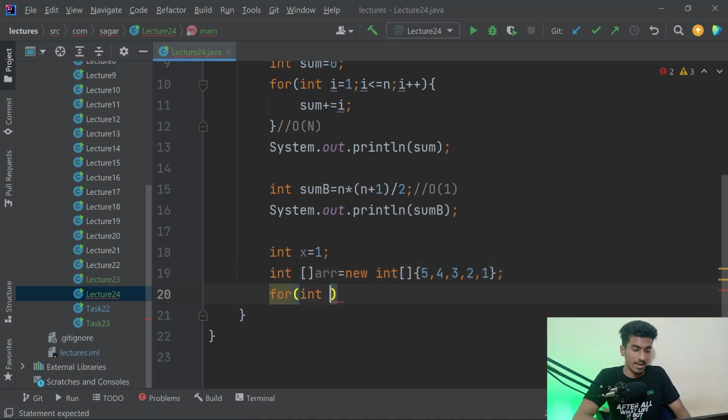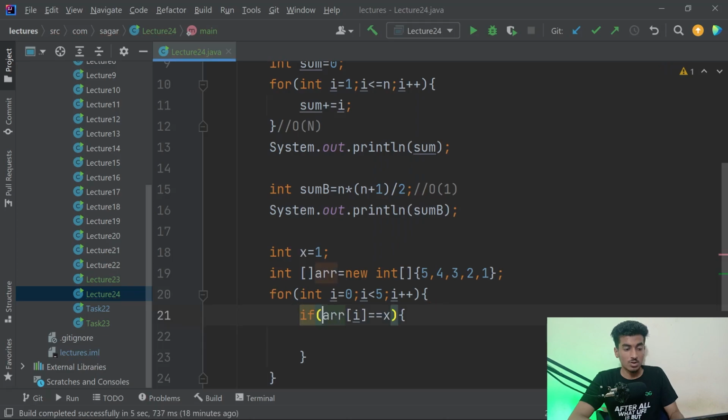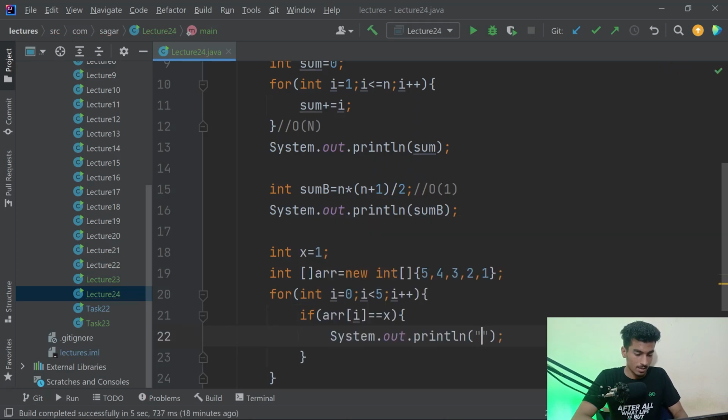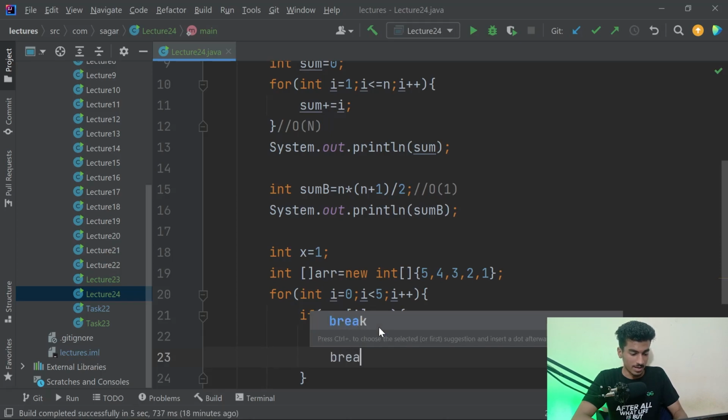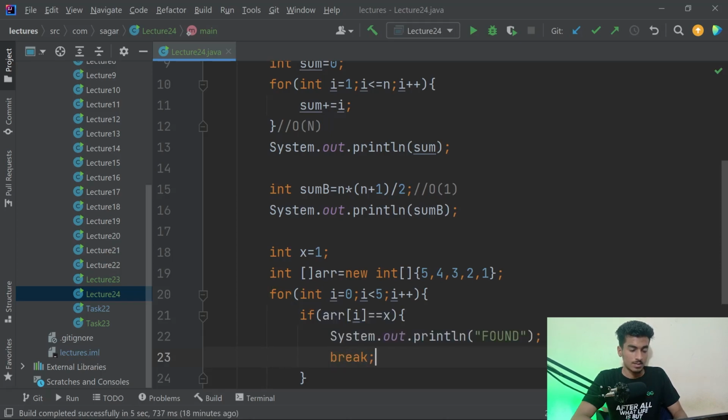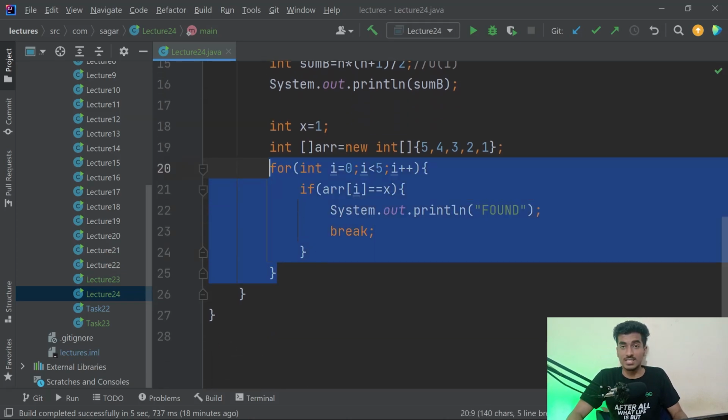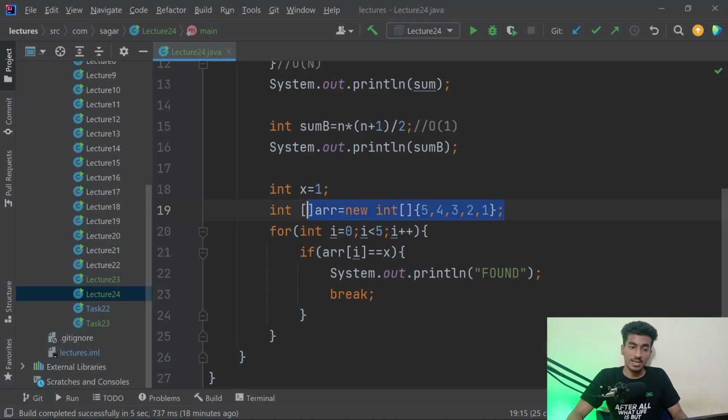Suppose this is our array and we have to traverse it from 1 to 5. If the ith element is equal to x, then we will print found and break. You already know that this is our linear search algorithm. We have some number and we are finding it in our collection.